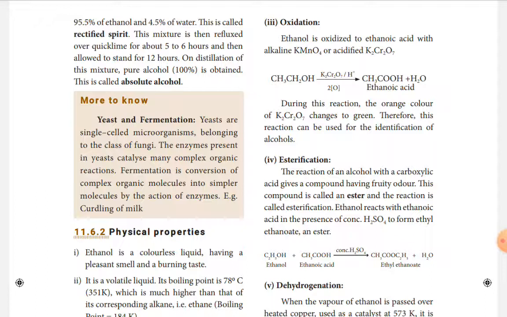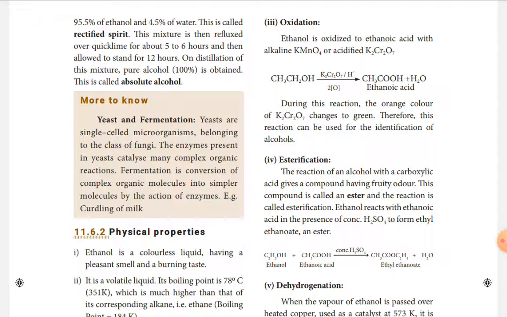Normally this type of test is used to identify the presence of alcohol. The same test is used by traffic police to identify drunken people. Here the oxidation of alcohol results in the reduction of dichromate into chromic ion, so the orange color changes to green.